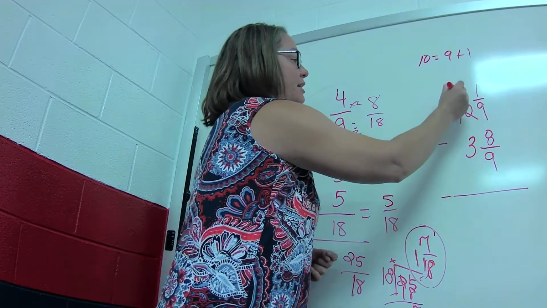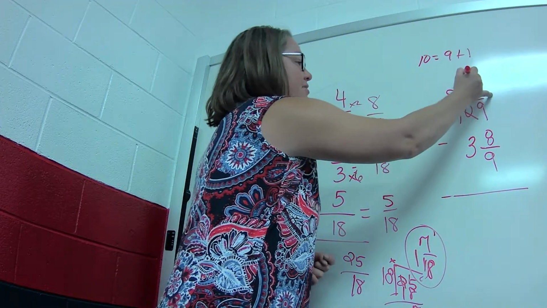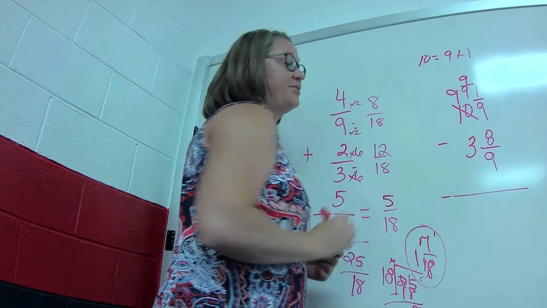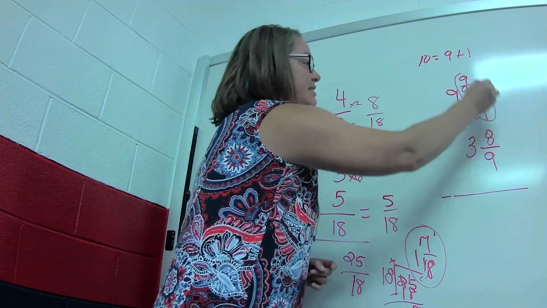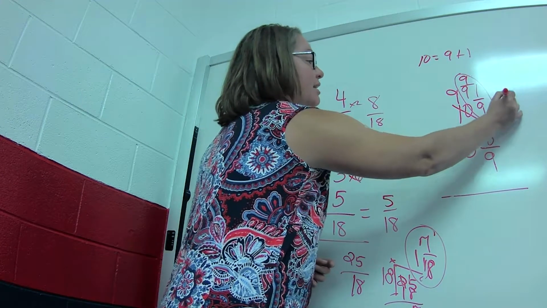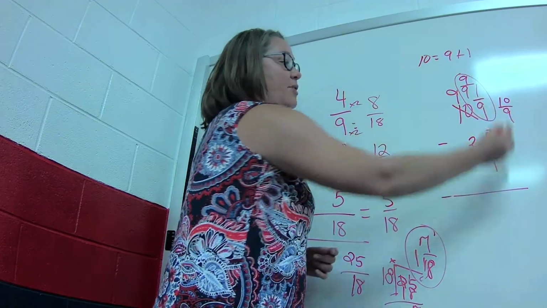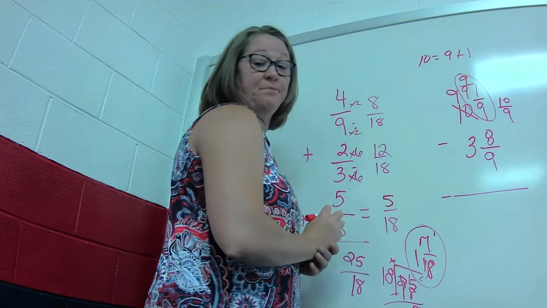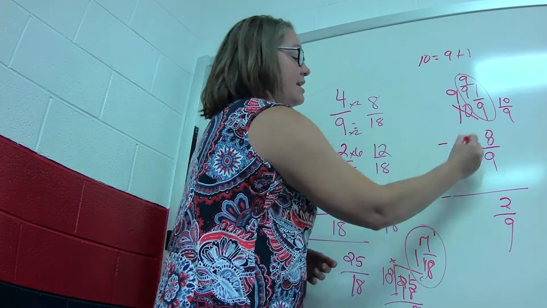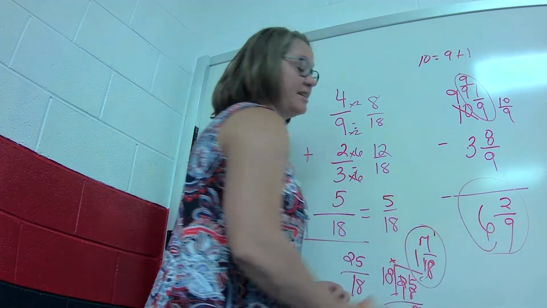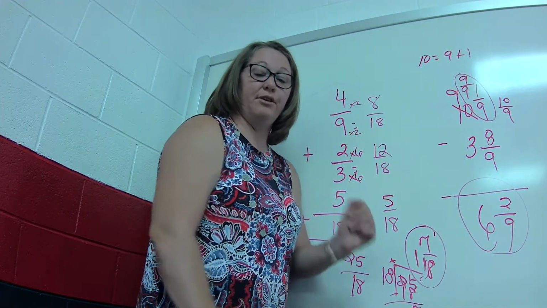So we're going to go 9, and our plus 1 is going to be 9/9, because 9 is our denominator. Now we're going to take the 9/9 and add it to our 1/9, and we get 10/9. Now we can subtract 8 from 10, and that gives us 2/9. And then 9 minus 3 is 6. So if you got 6 and 2/9, absolutely fantastic.